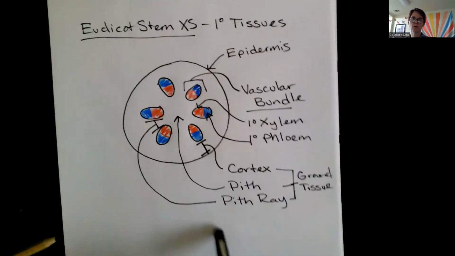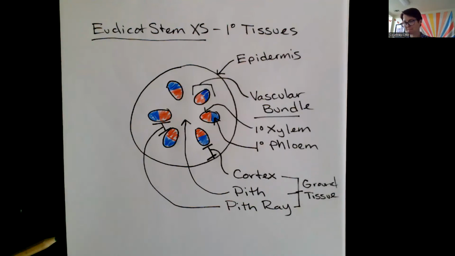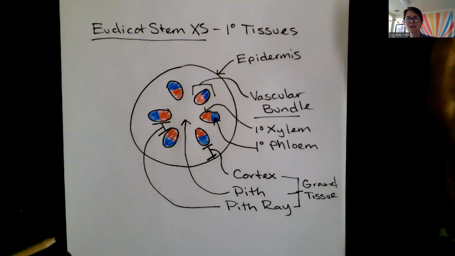And all of these are going to form from the ground meristem as it matures into these different regions. Well, in lab this week, we'll be seeing eudicot stem cross sections. We'll also be seeing monocots as well, but I'm going to leave the details of the monocot stem structure for us in lab. I'll see you soon.